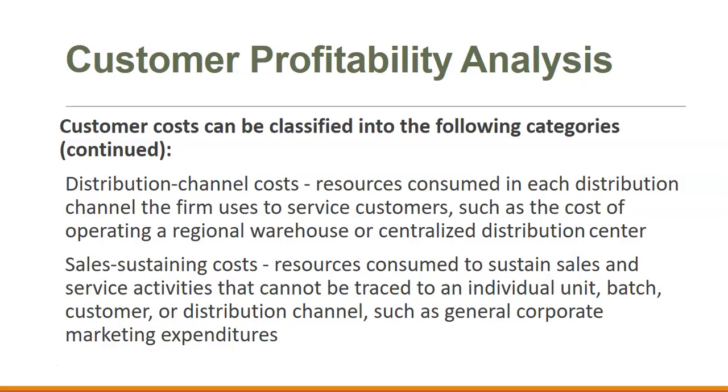We also have the distribution channel costs. So we have a centralized distribution center, or we might have a regional warehouse. Then we have costs associated with that. A good example of that is Amazon, who has created more centralized distribution centers in order to meet the demands of the 1 and 2 day shipping for customers.